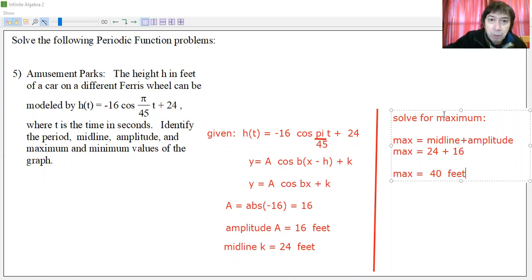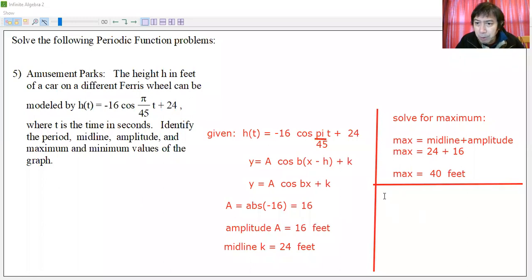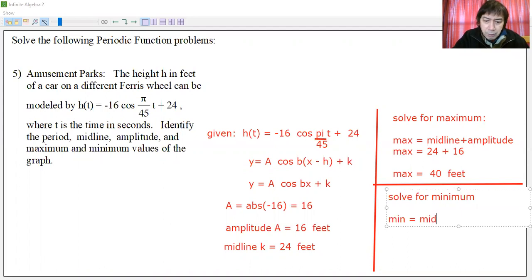Next, we will be computing for the minimum, okay? So we have to solve for minimum there. We have minimum is equal to midline minus amplitude there. And so minimum is equal to our midline, which is 24.